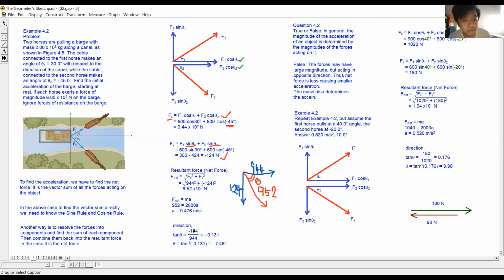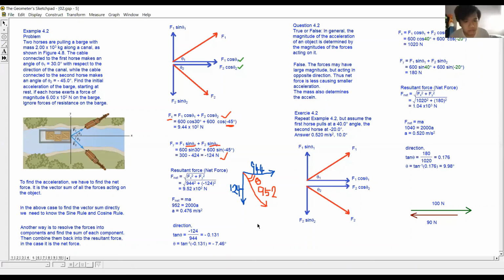Then you use negative 124 divided by 944. What's the answer? Negative 0.131.